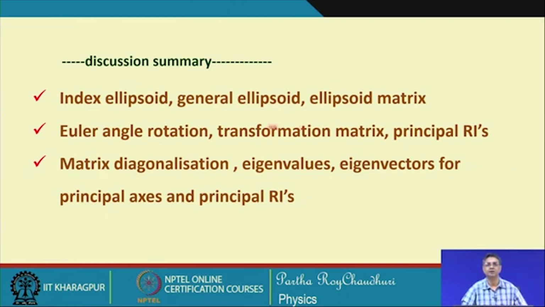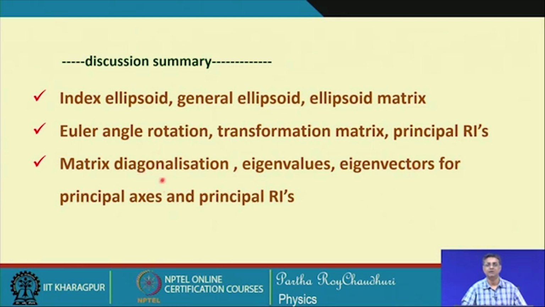One is this Euler angle rotation: if I can give the proper rotation to the coordinate axis, then we can make the coordinate axis coincide with the principal axis system, that is the one associated with the crystallographic axis. The other method is to use this matrix transformation, and by diagonalizing the matrices we can again get the eigenvalues and eigenvectors.